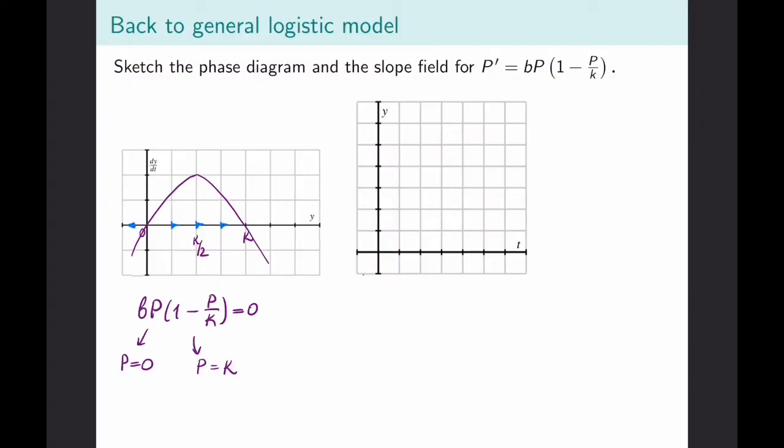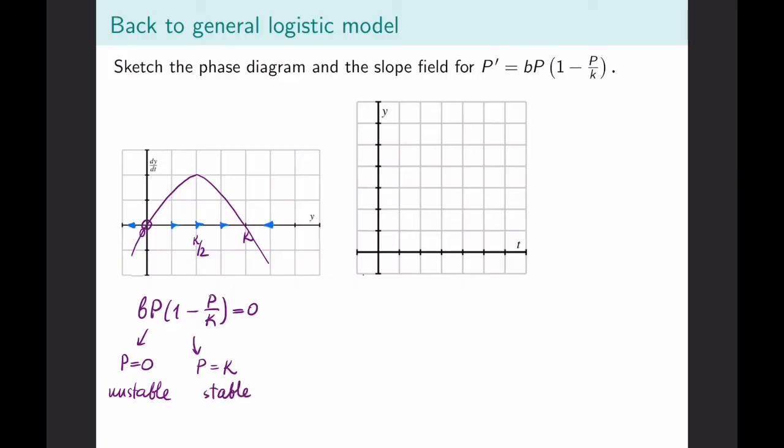Once the graph is below again, the arrows will go to the left again. This then tells me that the arrows run away from 0, which means that 0 is an unstable steady state, but arrows run toward k, which means that that will be a stable steady state.